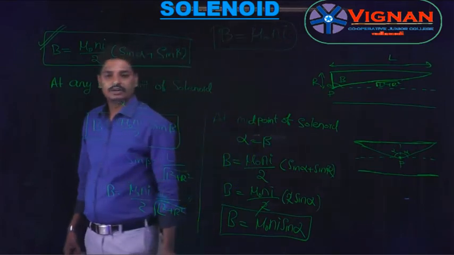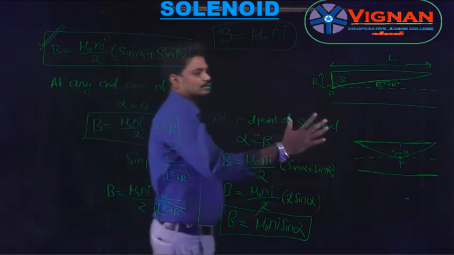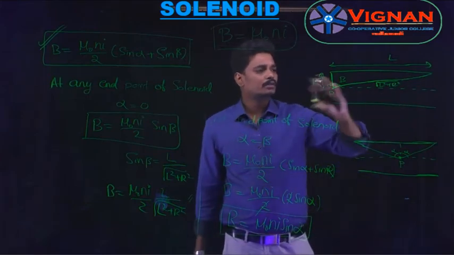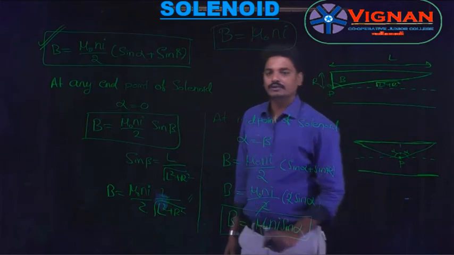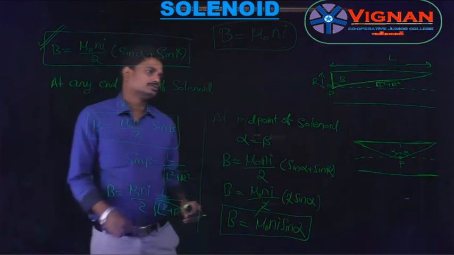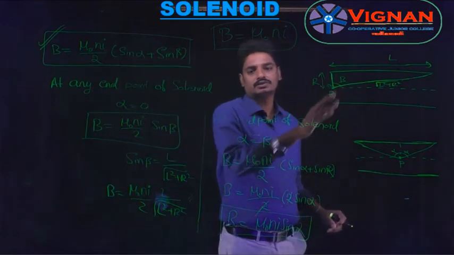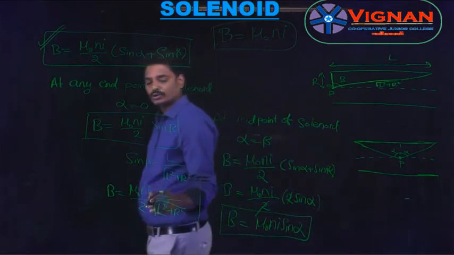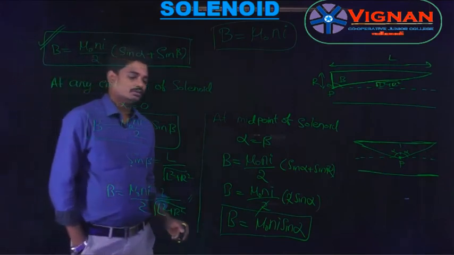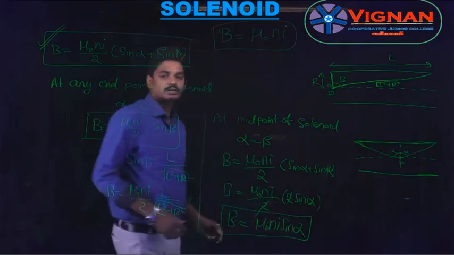If the solenoid is of infinite length, we assume that the strength of the magnetic field is uniform everywhere. At a point P located at one end of the solenoid, B is equal to mu naught Ni by 2 into L by root over L square plus R square, whereas at the midpoint it is given by mu naught Ni sin alpha.